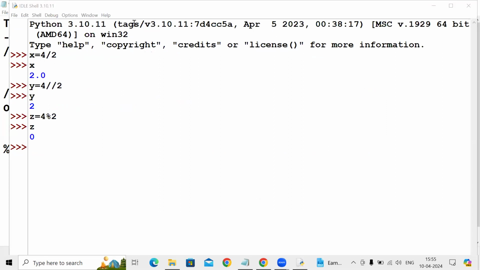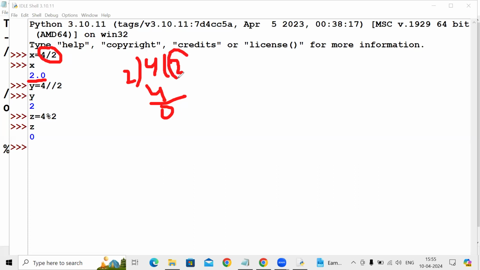Here I took x equal to 4 divided by 2. This symbol denotes float division. In this case, the result is 2.0. Actually, by dividing 4 by 2, we got 2.